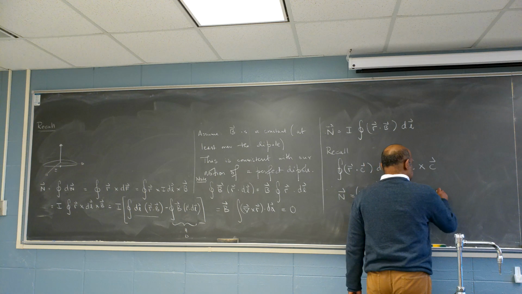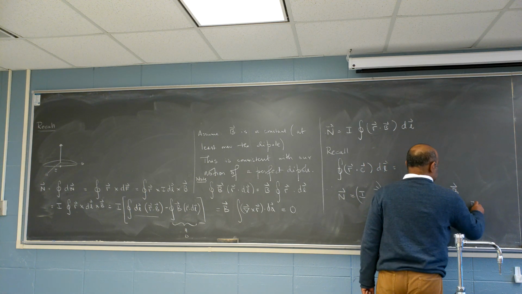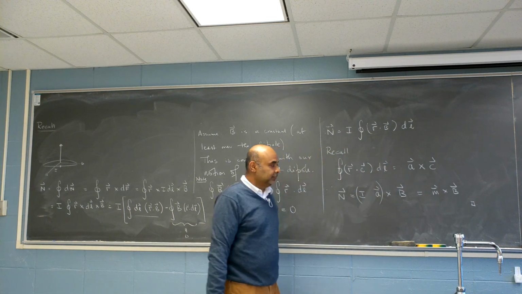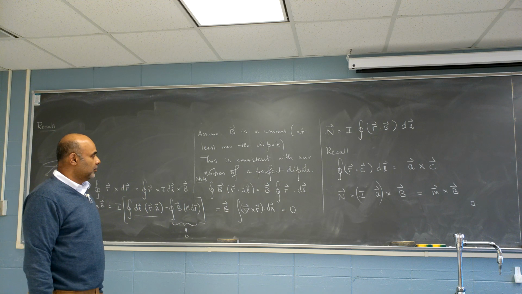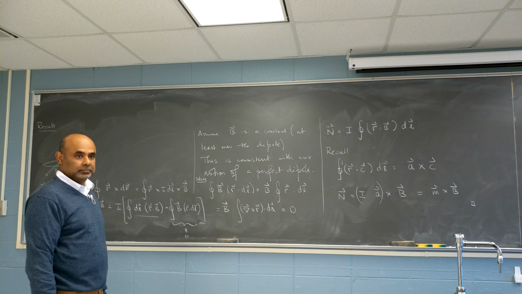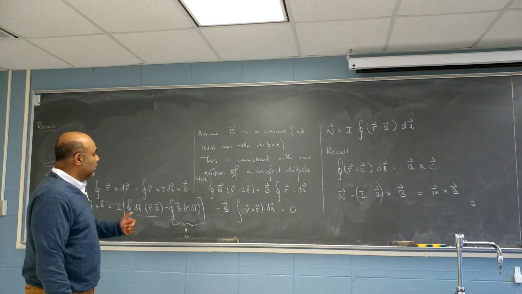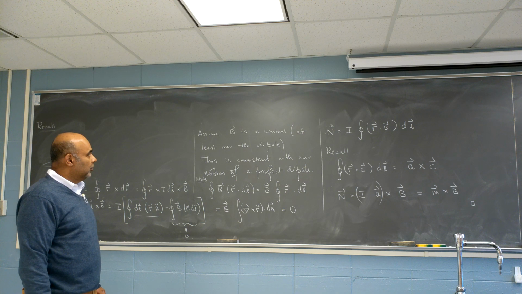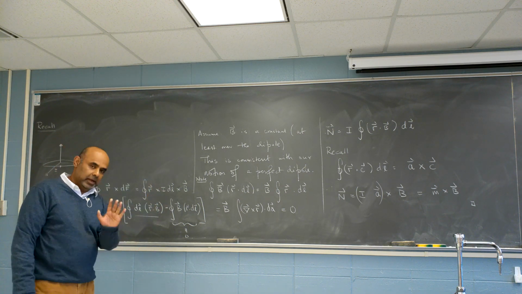You have M cross B as needed. There's another argument now to see why B can be a constant. Any questions?